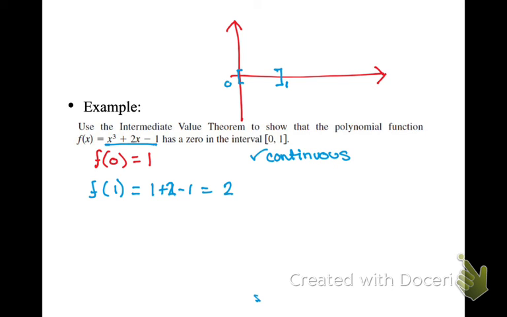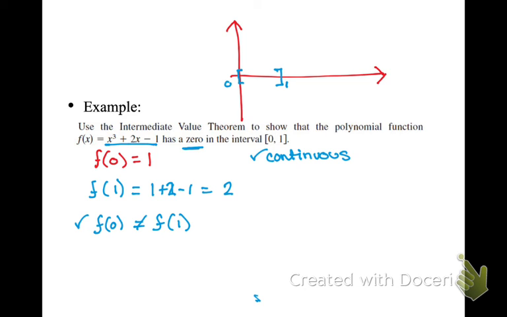So continuous, check. And then f of 0 is not equal to f of 1. So that's a check, right? So, let me read it to you again: if f is continuous on a closed interval a to b, and f of a is not equal to f of b, and k is a number between f of a and f of b, then there is a c where f of c equals k.